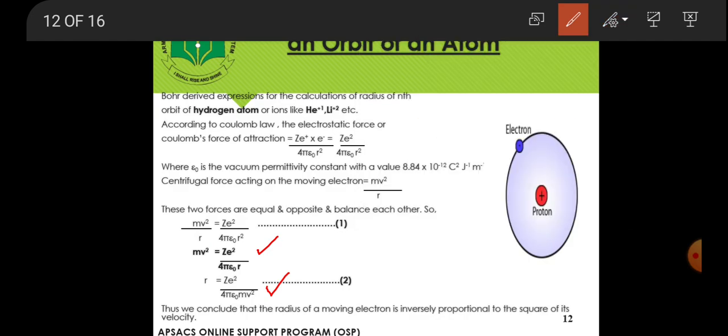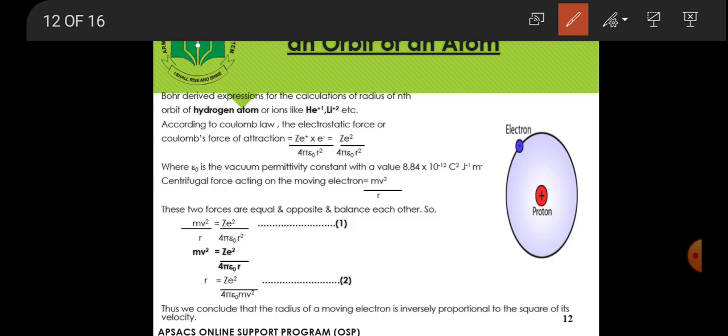So what we have done: mv square, which was multiplied on the left hand side, when written on the right hand side, is divided, and r, which is divided on the right hand side, when we bring r on the left hand side, is multiplied.